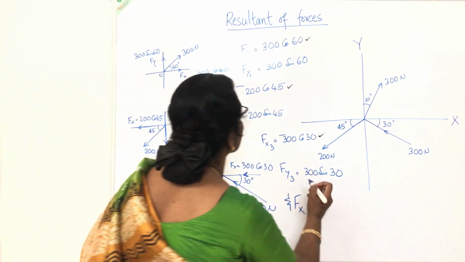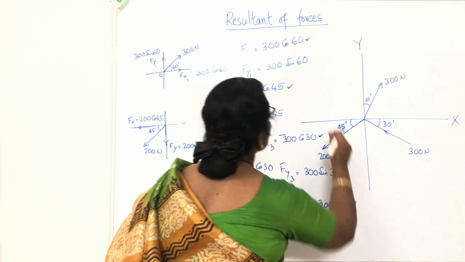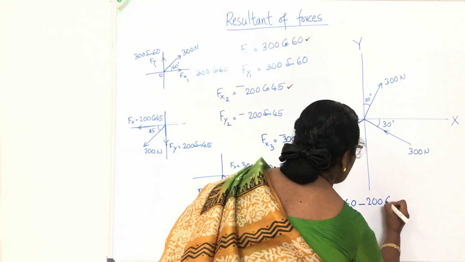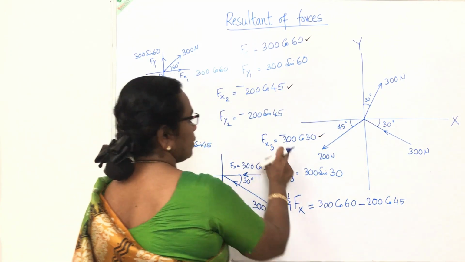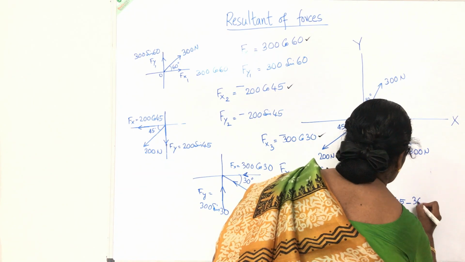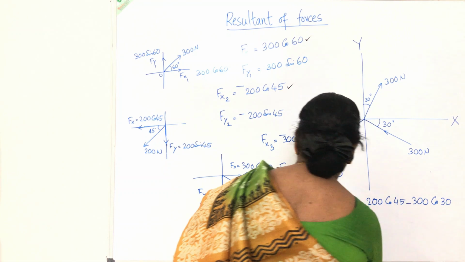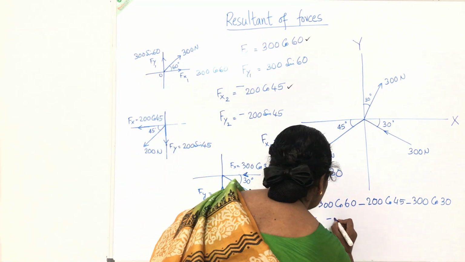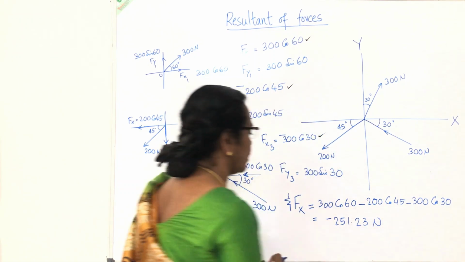So sigma Fx is equal to 300 cos 60 minus 200 cos 45 minus 300 cos 30. Add it together, you will get the value as minus 251.23 Newton.